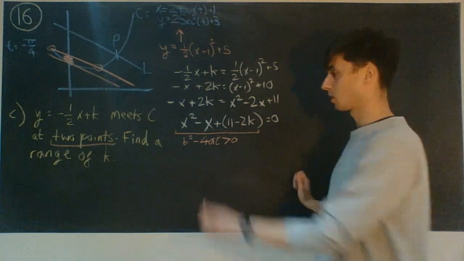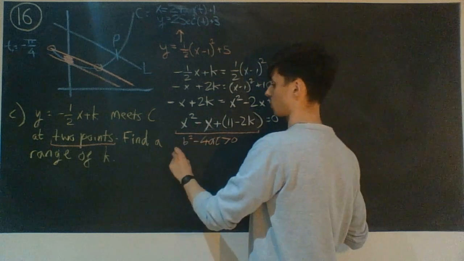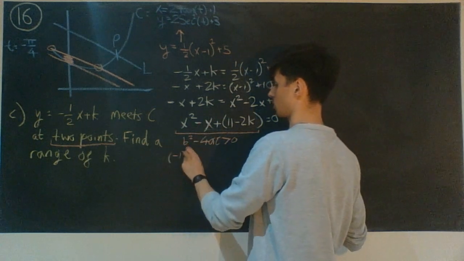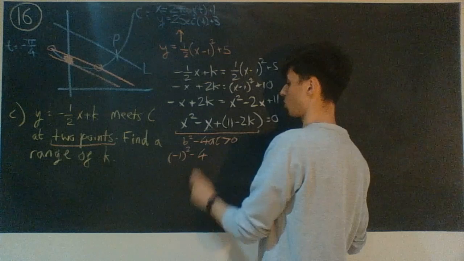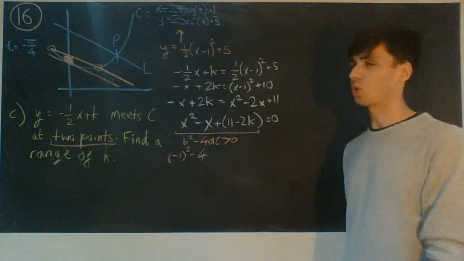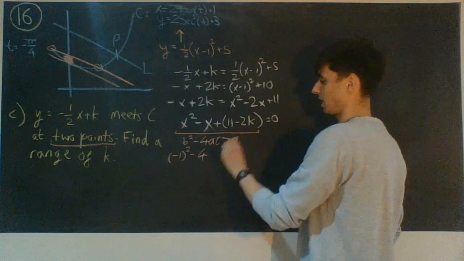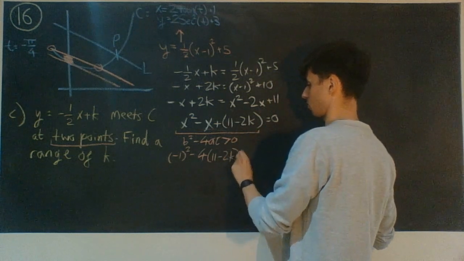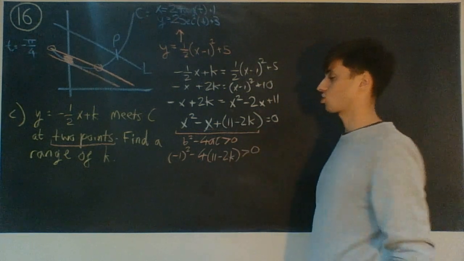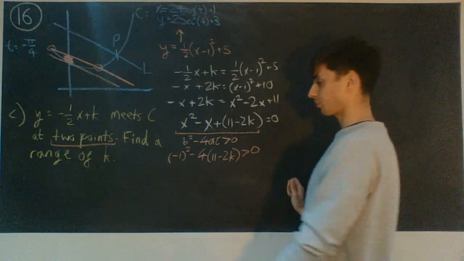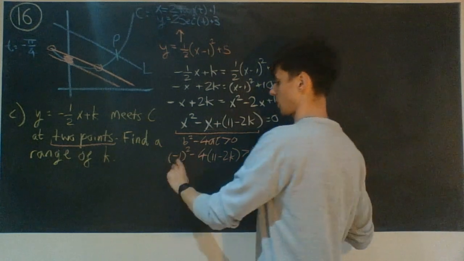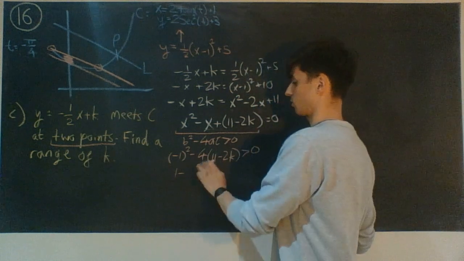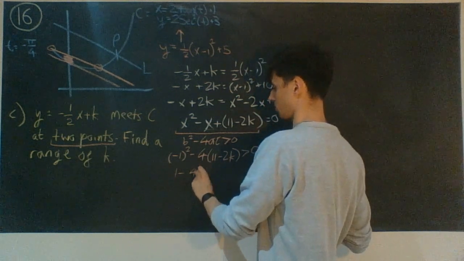Let's try it. b is minus 1, so we've got minus 1 squared minus 4. a is just 1, so we can forget about it. And c is going to be 11 minus 2k. This is strictly greater than 0. So what we've got here then is 1 minus 4 times 11, which is 44.